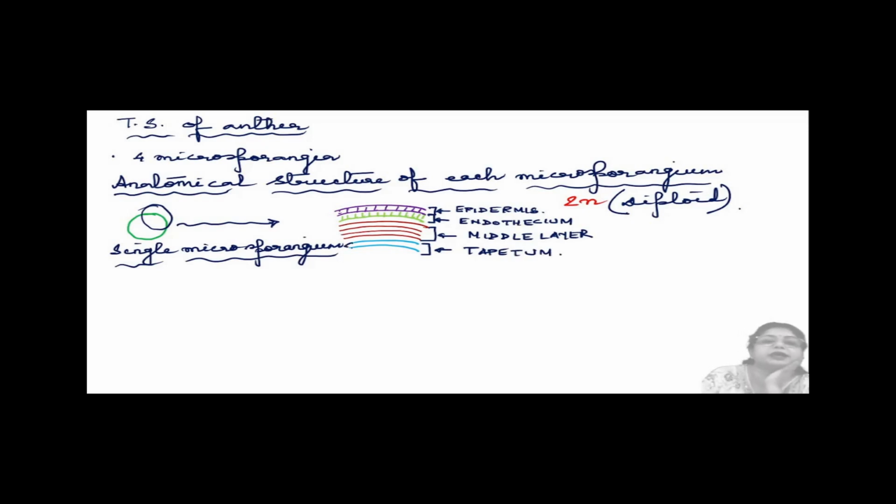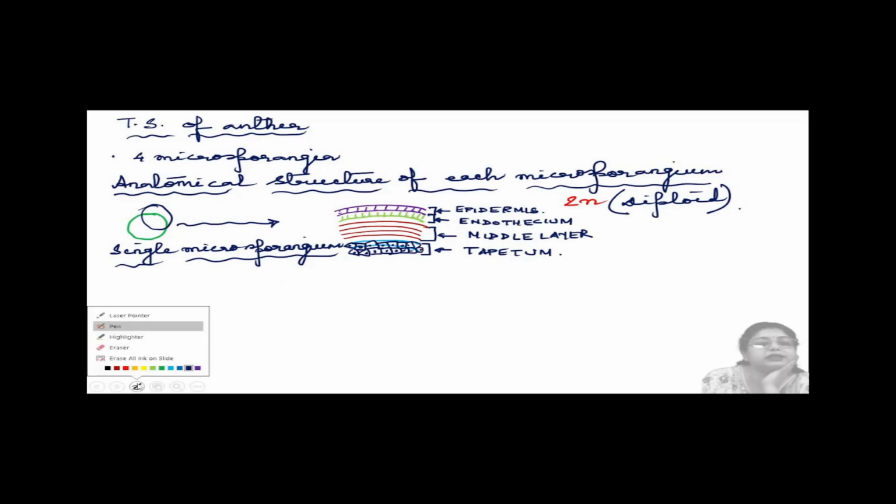Here the cells are very distinct, having prominent nuclei. They are like this in the tapetum wall. Why am I drawing this? Because the question comes, what is the function of tapetum? Gradually we are coming to this point.